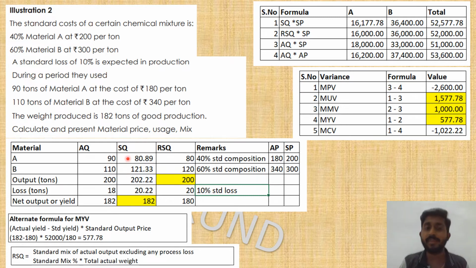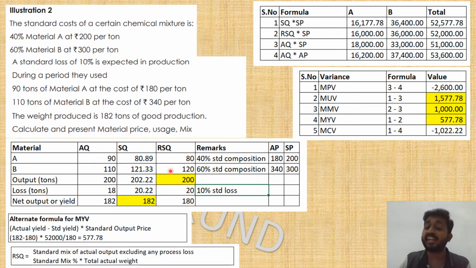So here the standard quantity is 80.89. How is this 80.89 calculated? 80 is the revised standard quantity for 180. Then for 182, the standard quantity is how much? 80 multiplied by 182 divided by 180 will give you 80.89. So 80 is the standard for 180 output, then for 182 output, the standard quantity of A is 80.89.